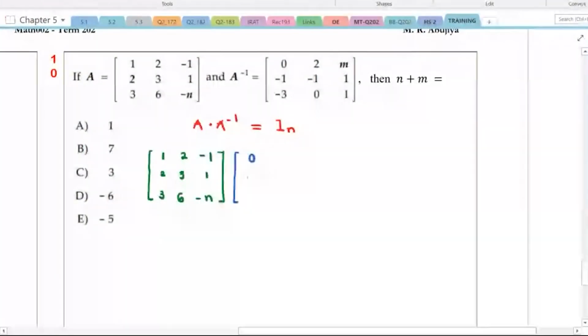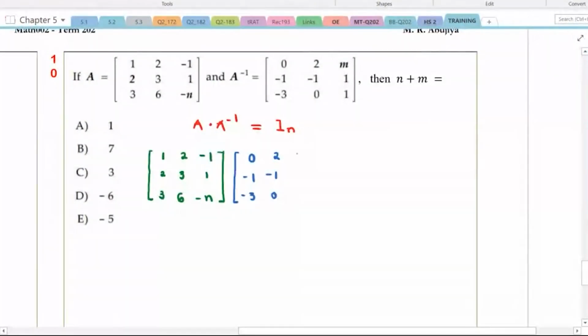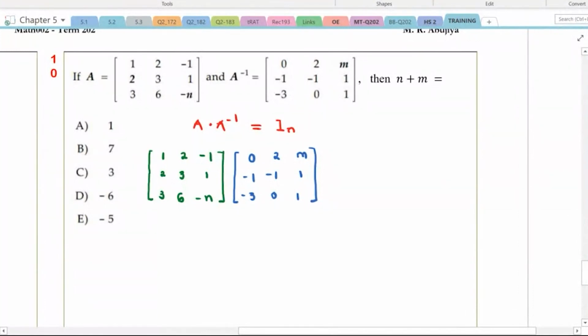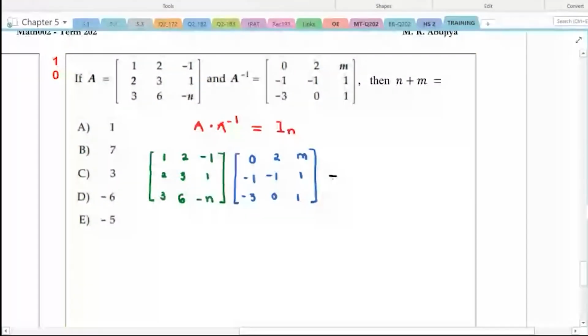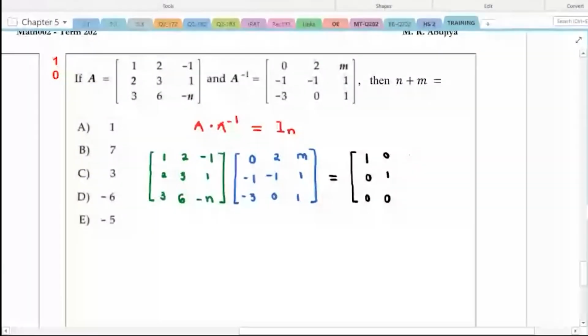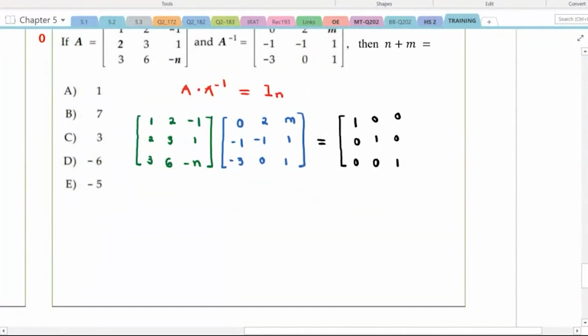The A inverse is 0, minus 1, minus 3, 2, minus 1, 0, m, 1, and 1. Gentlemen, because we have a 3 by 3 matrix, this should be equal to the identity of 3 by 3. We have 1, 0, 0, 0, 1, 0, 0, 0, 1. Identity for a 3 by 3 matrix.